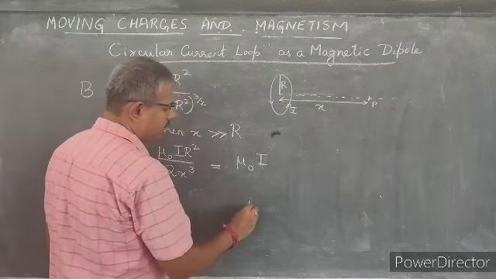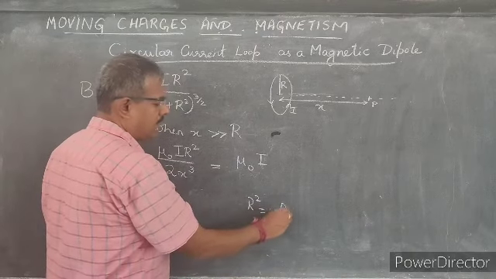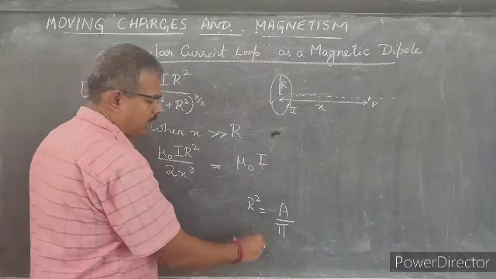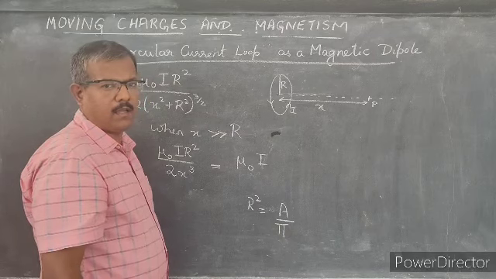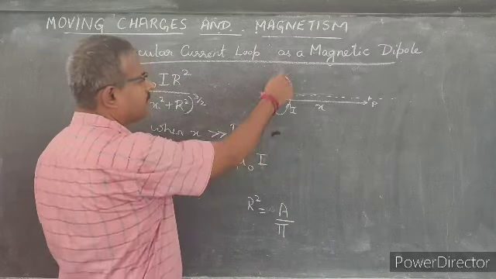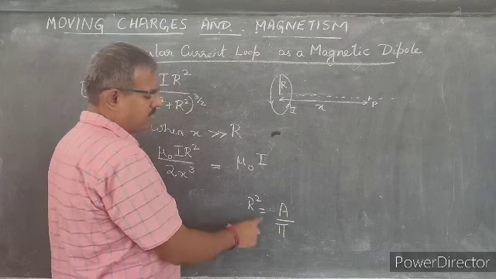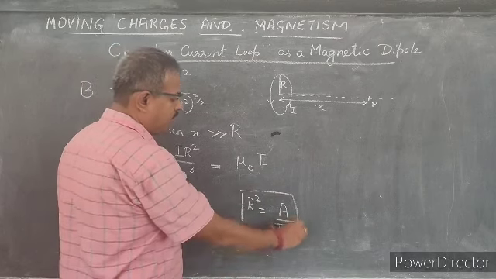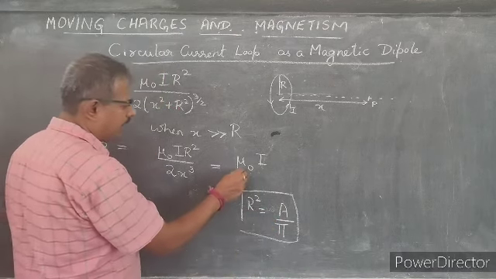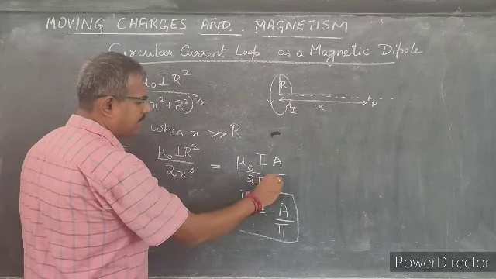If you recall, it is A by pi, because A is the area of this loop and area is given by pi r square, so I take the pi this side, and instead of r square I put A by pi in this term, so I get A by 2 pi x cube.